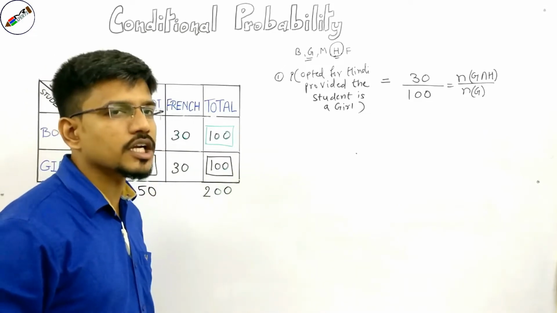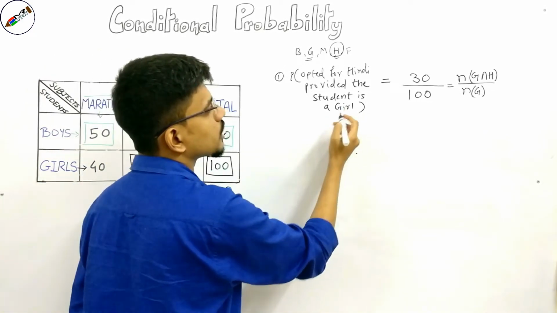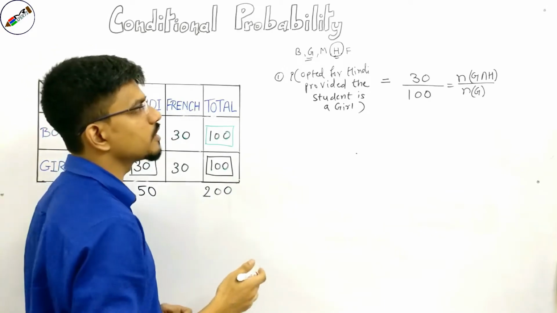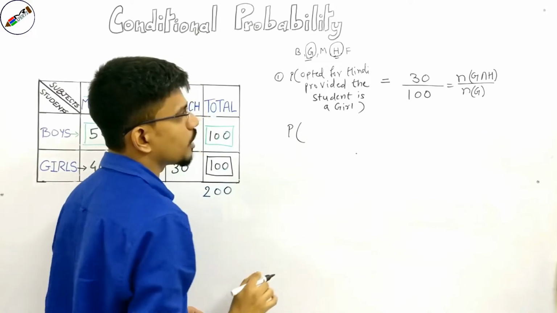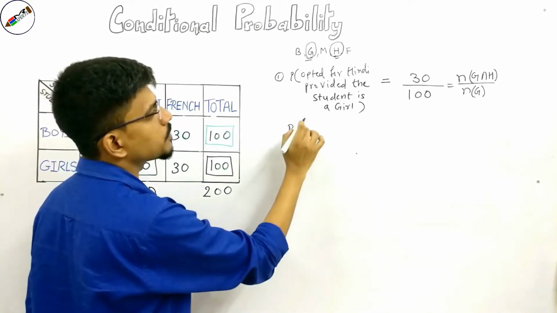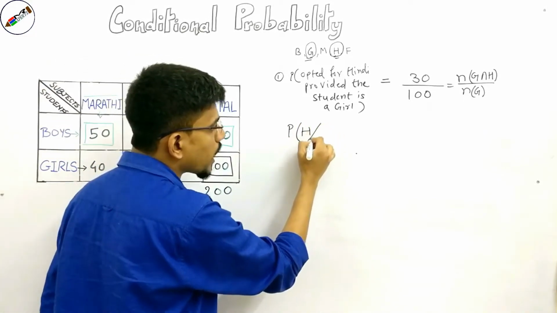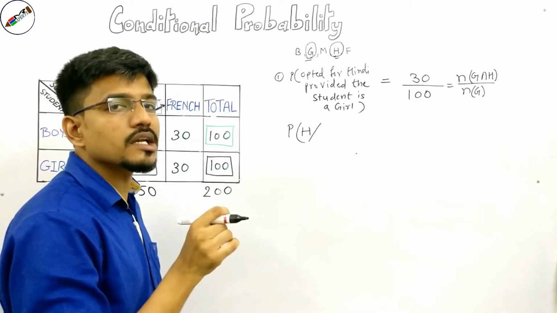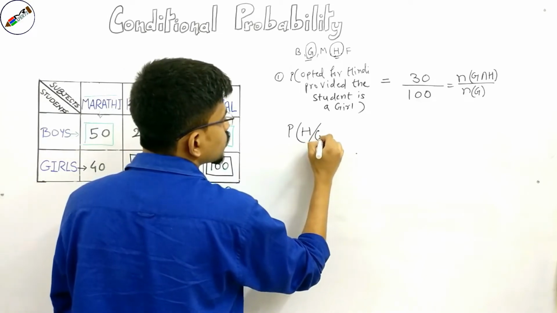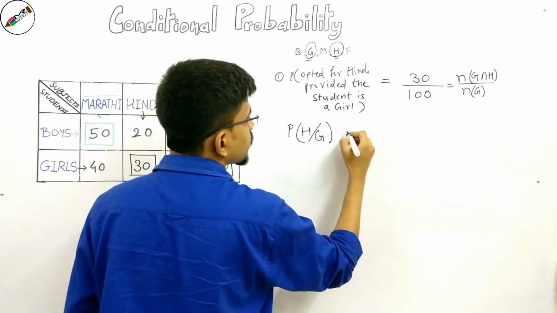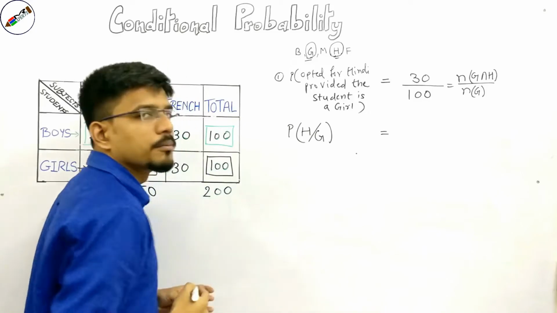But the necessary condition is that the student should be a girl. Now girl is represented by the event G. So you can say probability of student has opted for Hindi provided that, yes, provided that is represented by stroke. So H stroke G. Now this is the representation of conditional probability.